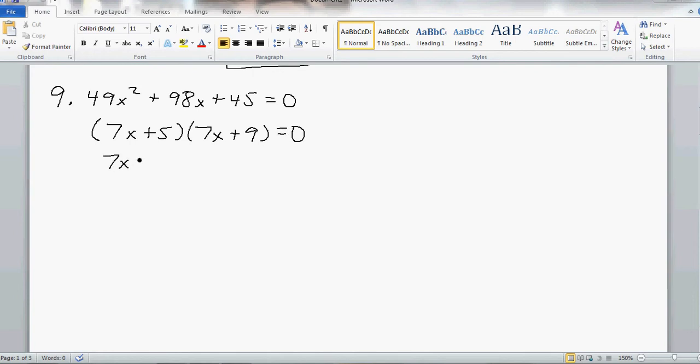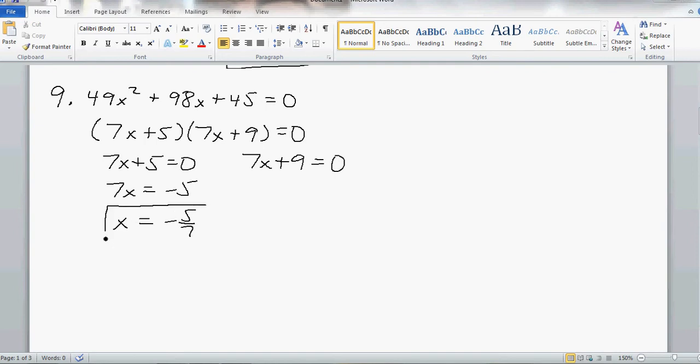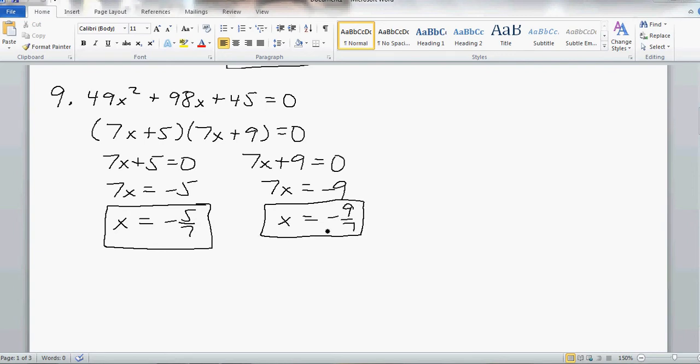So setting each one of these equal to 0 and solving, this one I'll subtract 5 and divide by 7 so that x equals negative 5/7. And subtract 9 and divide by 7. x equals negative 9/7. And there are the 2 vertical asymptotes that are asked for.